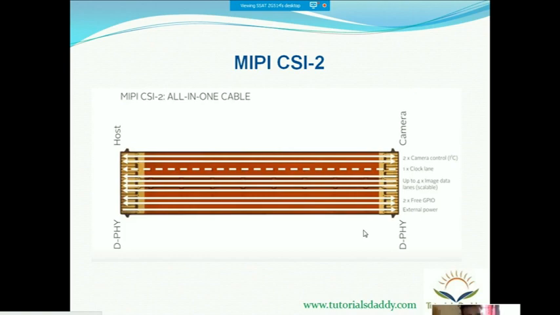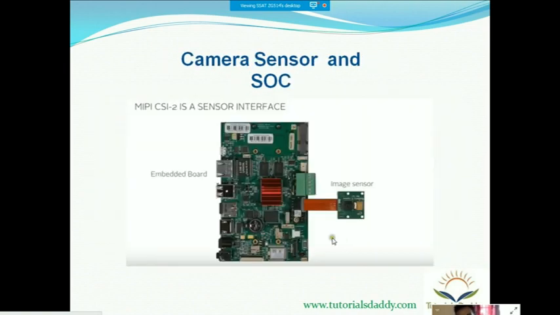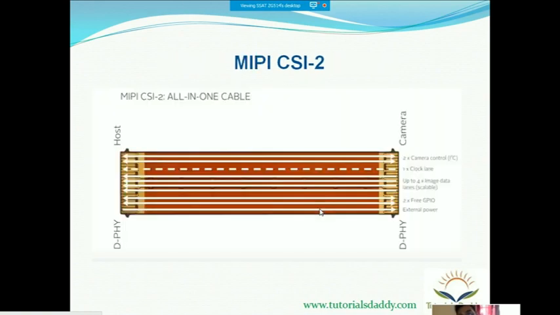The power will be provided to our camera sensor by using the same interface. That is why you have seen here that only one cable is connected to the image sensor. This one cable has all the functionality support. It provides power, the control interface, the data transmission interface, and GPIOs as well. So it reduces a lot of overhead on the host side.